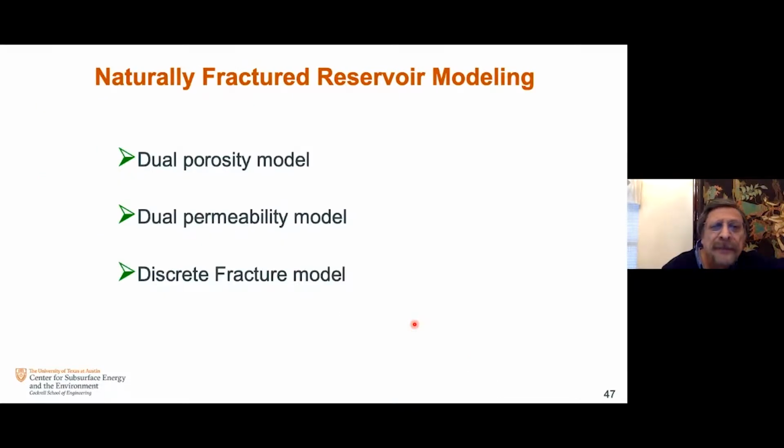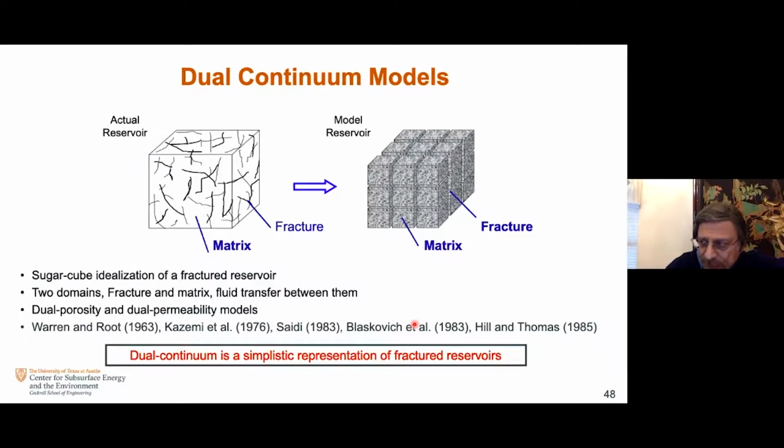So traditionally, there are methods such as the dual porosity model, the dual permeability model, and discrete fracture modeling. In the dual permeability and dual porosity models, as can be seen, there are fractures shown in here, and there's a matrix in here.